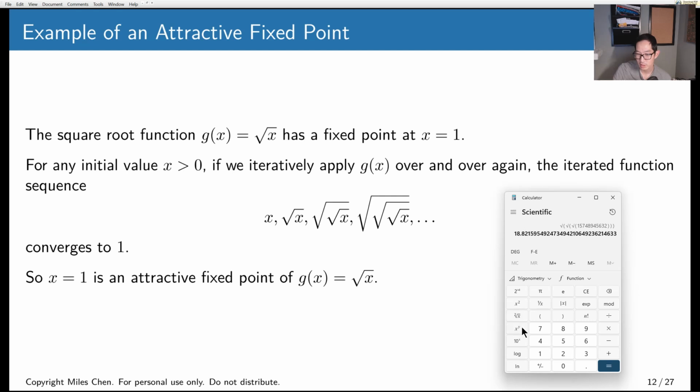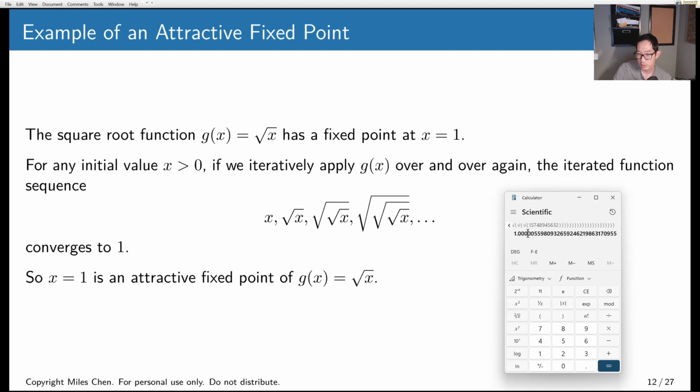Square root of that is 354, then 18.8, 4.33, 2.08, 1.44, 1.2, 1.096, 1.04679, 1.023. If I keep applying the square root, you'll see these numbers get closer and closer.